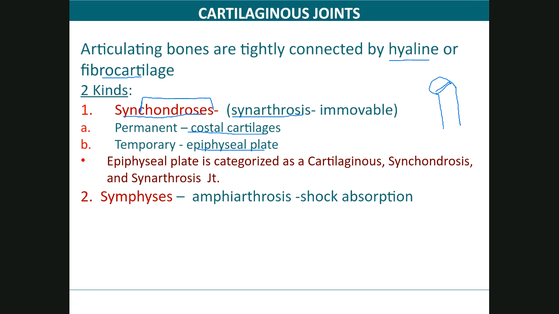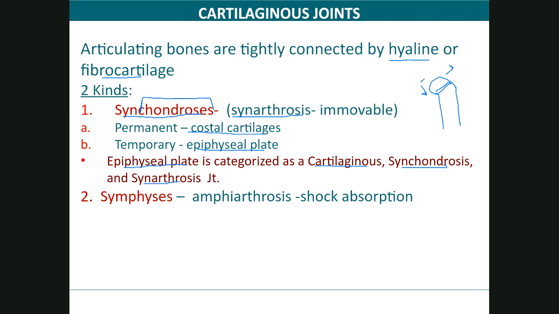So the epiphyseal plate is categorized as a cartilaginous joint. It's synchondrosis and it's synarthritic. So even though this is allowing for the growth in length, it's immovable. There is no movement, for example, the shifting of the epiphysis over the metaphysis.